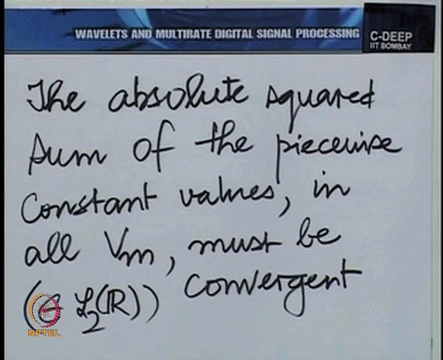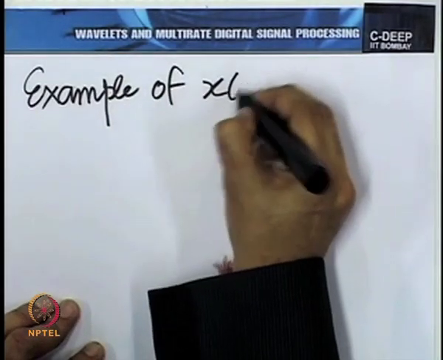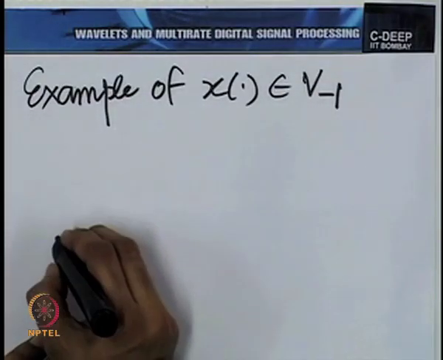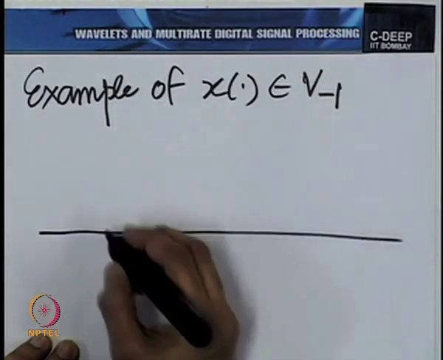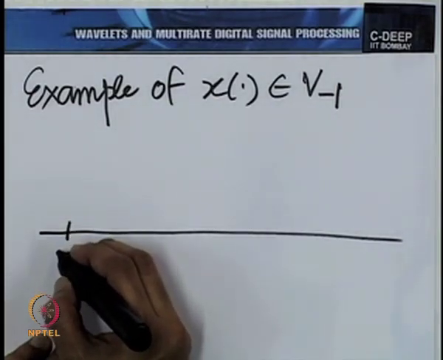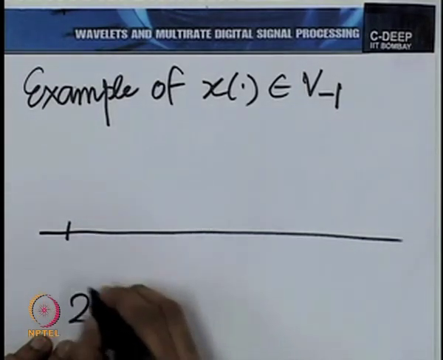Let us also take an example of a function belonging to V minus 1. So, minus 1 means intervals of size 2 raised to the power of minus of minus 1.